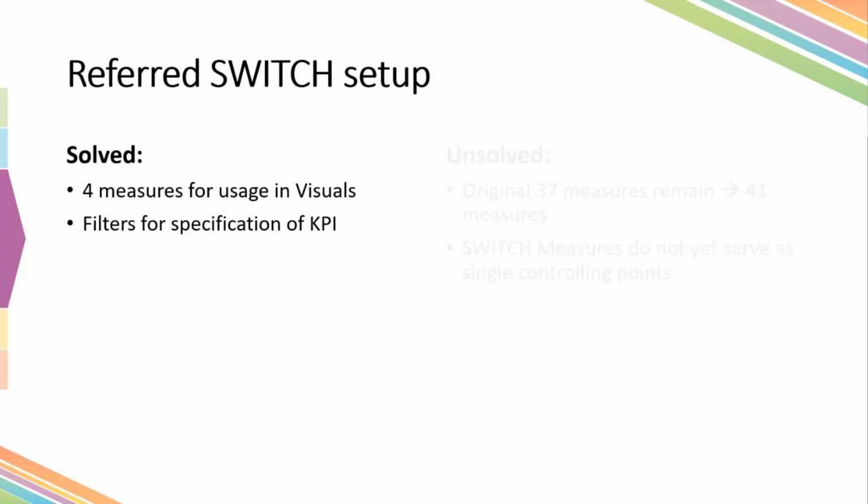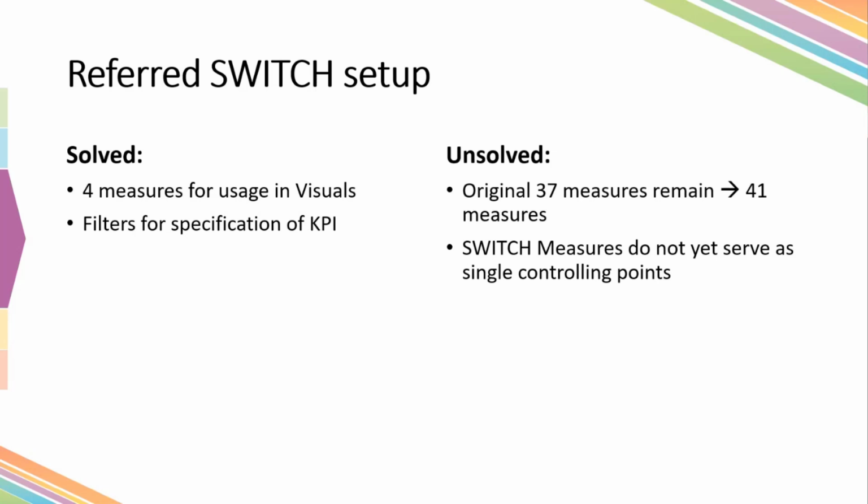So I use only a few measures in the visuals themselves. And I use the filters for specification of the KPIs. But what did I just do with this? I created 4 more measures. And I'm still using the original 37. And that doesn't necessarily make it easier to handle for the user, because certain essential changes in the measures still need to be done in the individual ones.